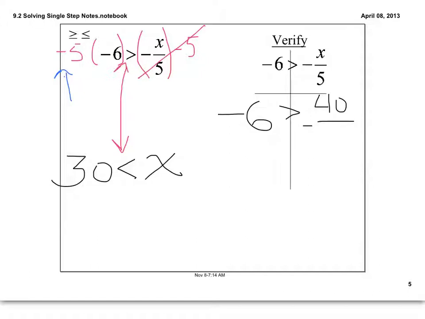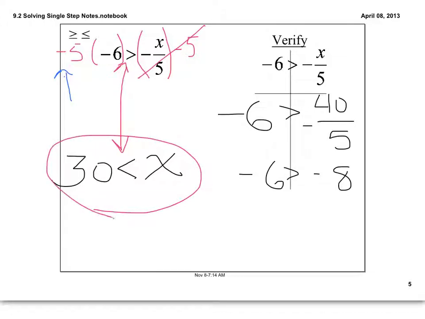So 40 divided by 5, make sure you include the negative that's still there. So -6 is greater than -8. So again, this is proven true, so your final inequality expression of 30 being less than x is correct.